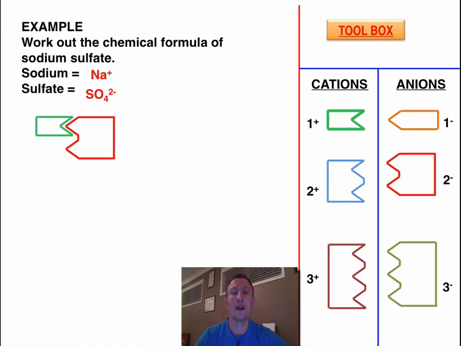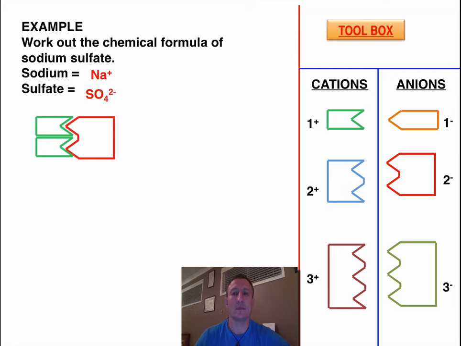The only hole that I can use to cover the spike is the sodium, 1 plus. So I need one more. I'll bring that across. Now you can see that the green holes cover all the red spikes. We now have a complete chemical formula. So how do we work out what we've got?